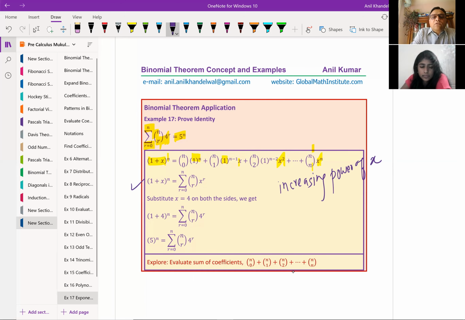Now, since we want 4 to the power of r, what we have done here is we replaced x with 4. You just sub it in. That is my general formula. 1 plus 4 is 5, and 5 to the power of n is the expression which we wanted to prove. Do you see that? We just proved it.